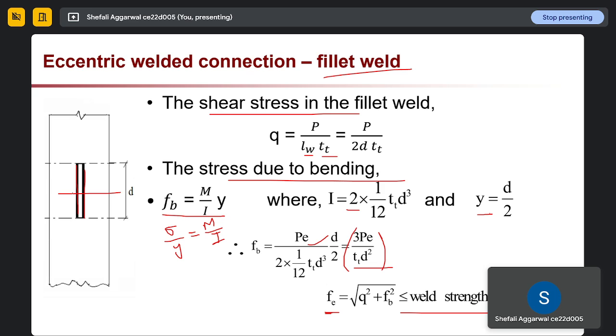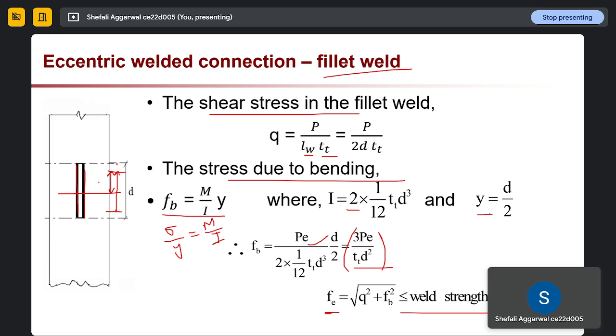From that, draw a small line to the top, and similarly another small line to the bottom. Now let's say the top line measures 3/8 of the D, and the bottom is 3/8 of the D.